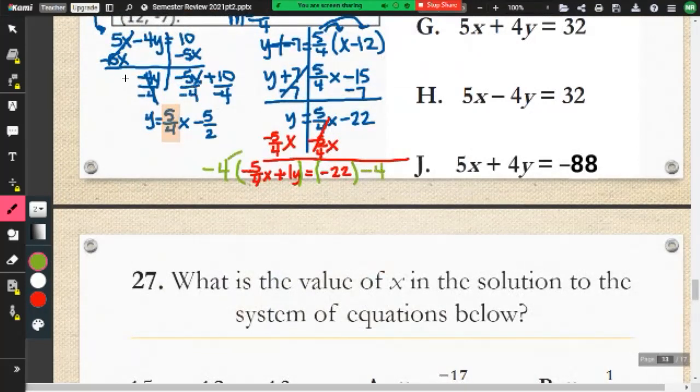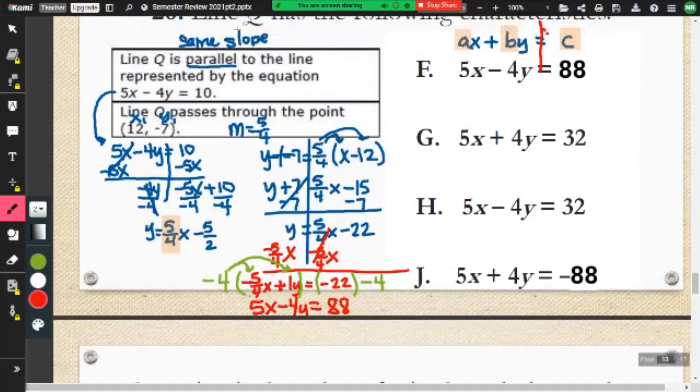Now you distribute, meaning you multiply by both. So negative 4 times negative 5 over 4 is going to give you positive 5x. Negative 4 times a positive 1, negative 4y. And negative 22 times a negative 4 gives you a positive 88. And there's your answer, F.